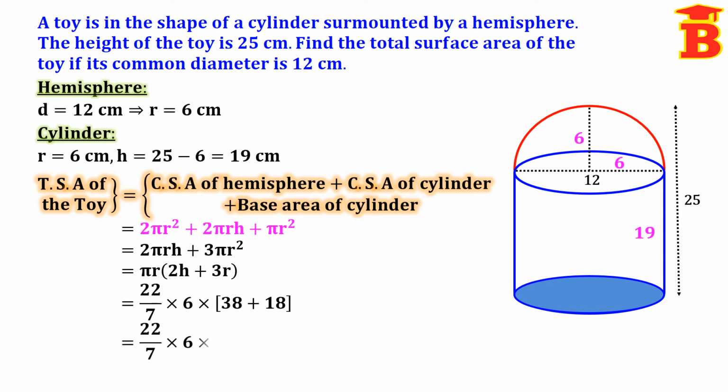This is equal to 22 by 7 into 6 into, adding 38 plus 18 is 56. Now we can cancel 7 and 56 8 times. So now multiply these numbers. 22 into 6 into 8, we get the final answer 1056 centimeters square.